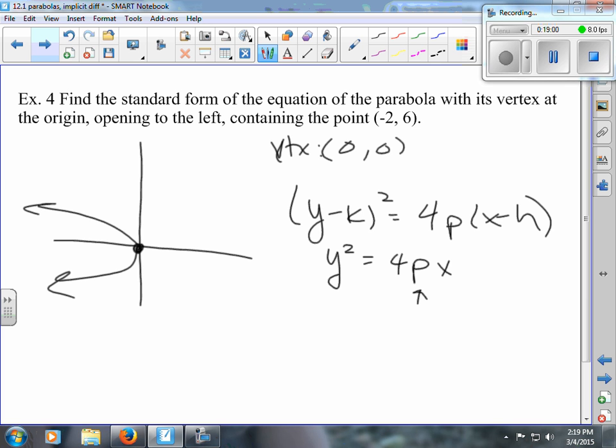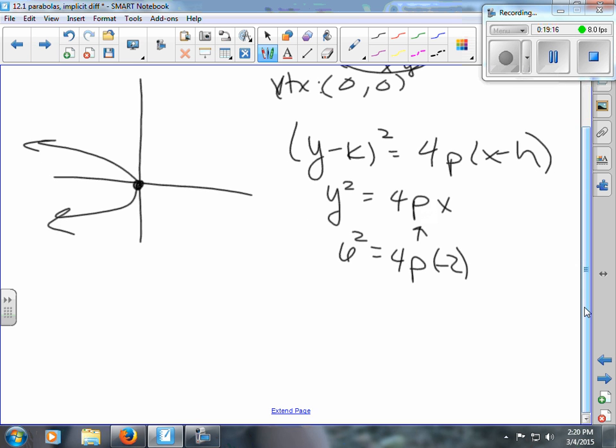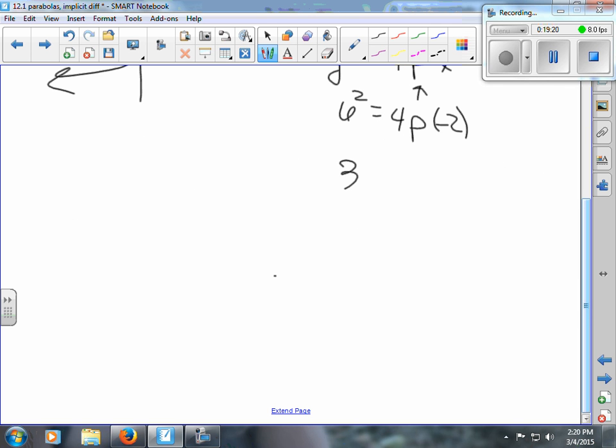Okay, well it tells me that I contain the point negative 2, 6. So that's actually easy. I just need to plug in negative 2 for x and 6 for y. And if I do that here, then I can just solve for p. Now p should be negative since I opened to the left. And if you follow this all the way out, it is going to be negative.